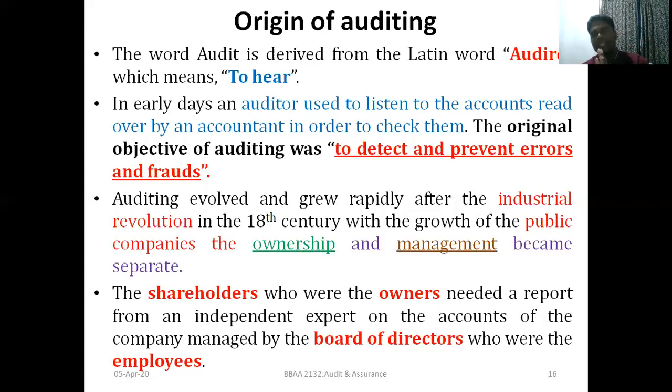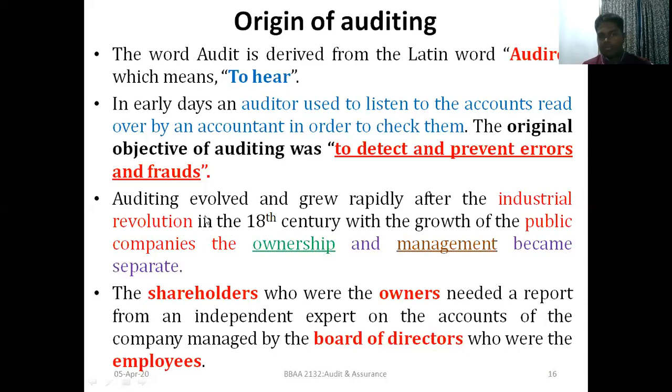But when you see companies, especially public companies, the story is totally different, because the owners of public companies, in our example Kagas PLC, are the shareholders. This point says auditing evolved and grew rapidly after the Industrial Revolution in the 18th century.